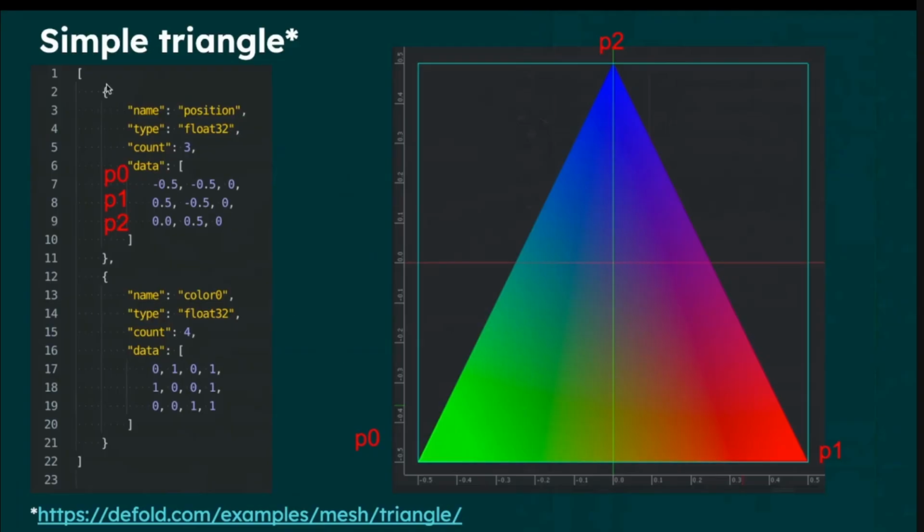Point 0 is the lower left corner. Point 1 is the lower right corner. Point 2 is top middle. So this is how we draw just a simple triangle.